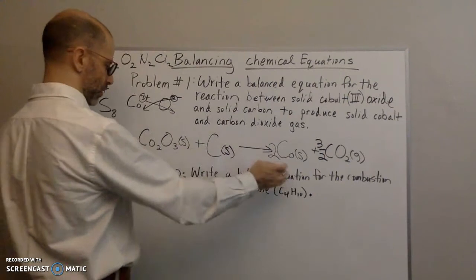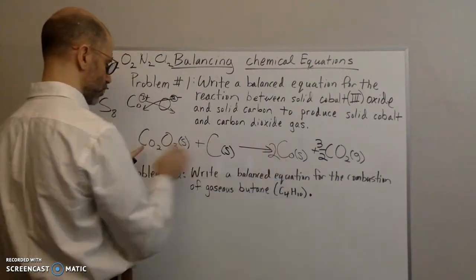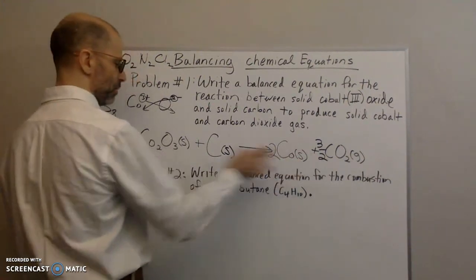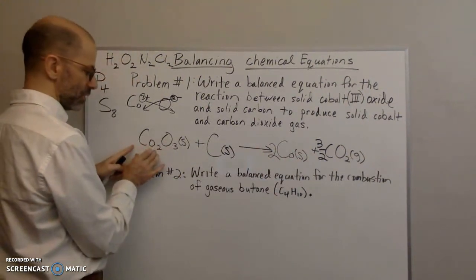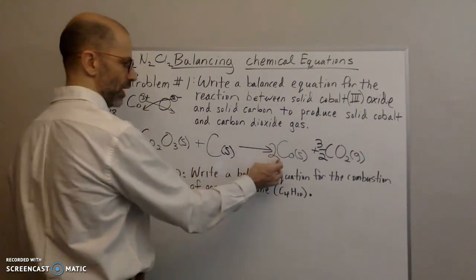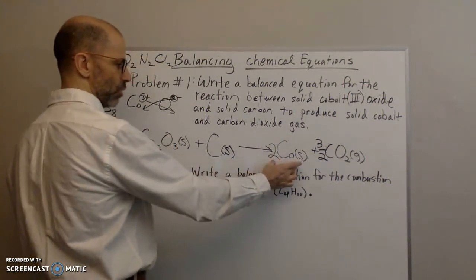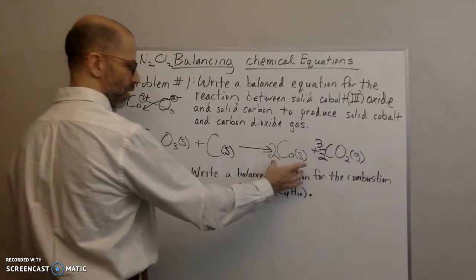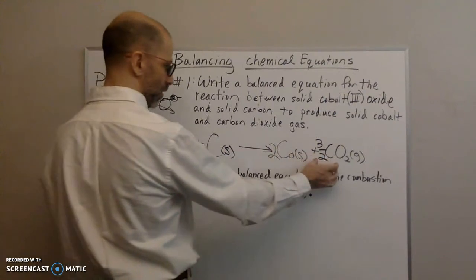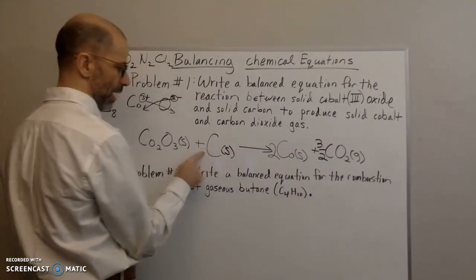Now I balanced my cobalt. And I was able to do that because if I try to balance this, then I'm going to undo the balance of the oxygen. So that's why we save the elements for last. Okay, so now I can balance the cobalt here. But now I can balance the carbon here.